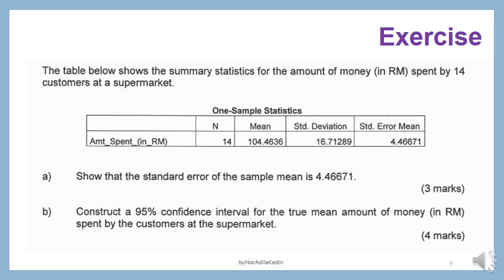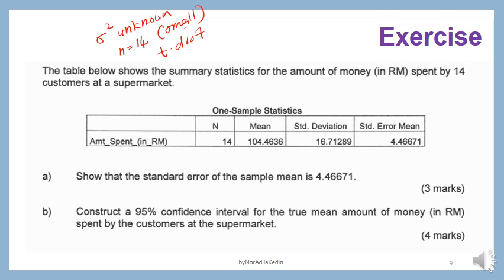So how do we do it? Okay, first, the population variance is unknown. Sample size 14, small. If small, use the T distribution table.